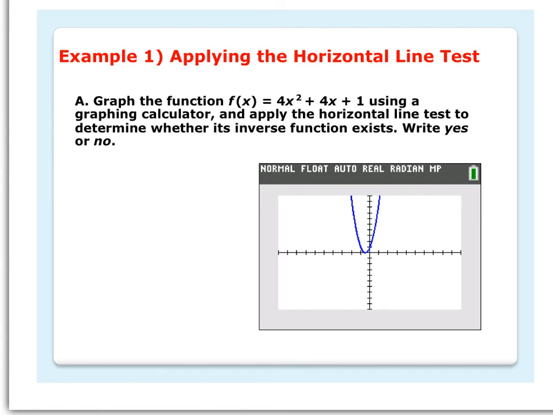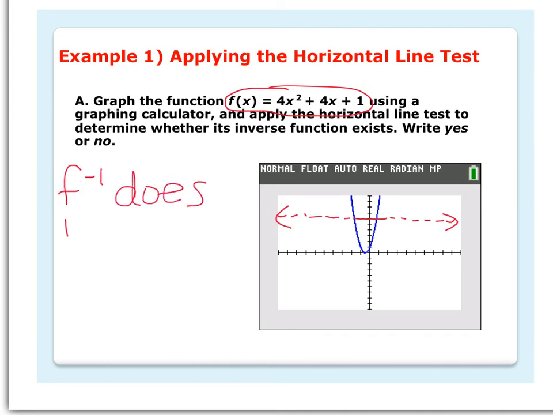Write yes or no. I have graphed on a standard window the function f of x equals 4x squared plus 4x plus 1, and applying the horizontal line test, I know that f inverse does not exist as a function, because the original function f, graphed in blue here, does not pass the horizontal line test.